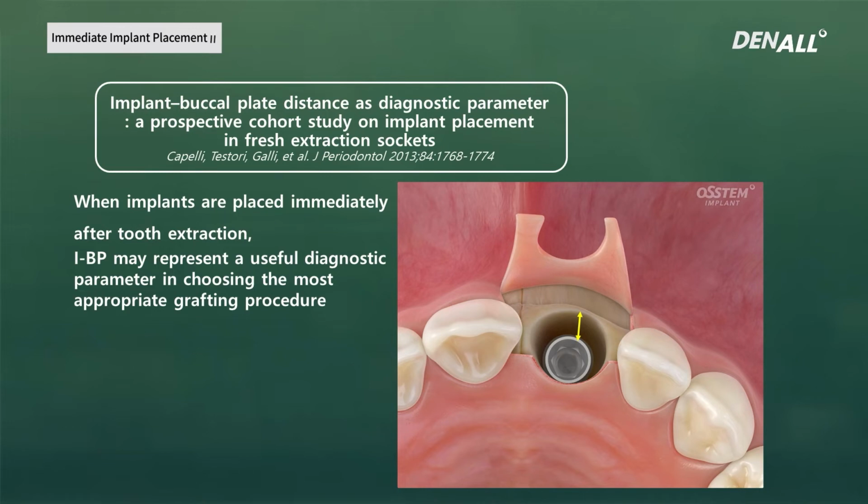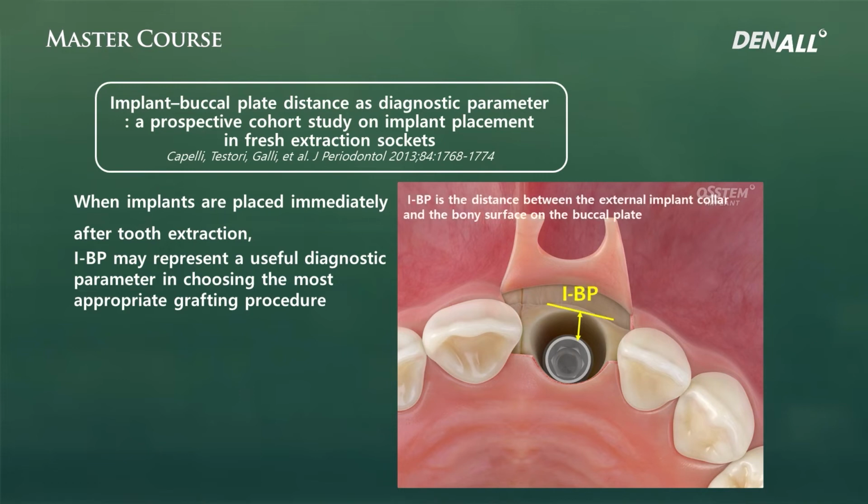IBP is the distance from the external part of the implant to the outer surface of the labial plate. The distance between the external implant collar and the bony surface on the labial plate. You use this criteria to determine the graft you're going to do.